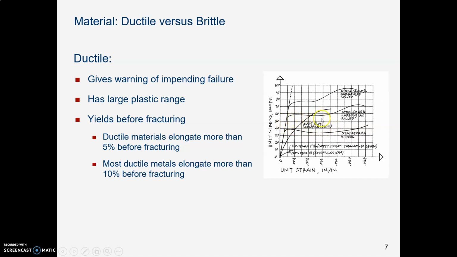The steel suddenly begins to stretch and get longer and longer without any increase in load or stress. It's like silly putty, and it is stretching out. It has yielded. It's beyond the elastic limit, so it's not coming back, and that gives us a chance to get out of there before it finally breaks.